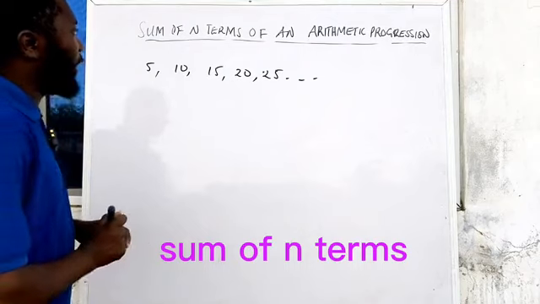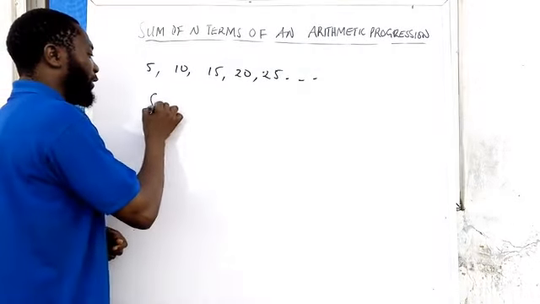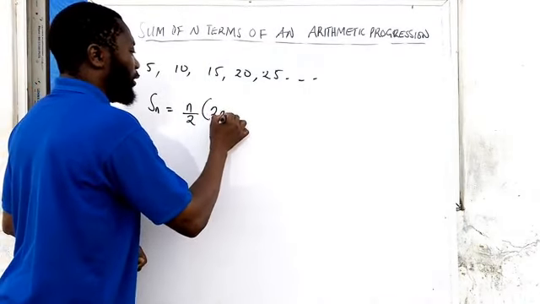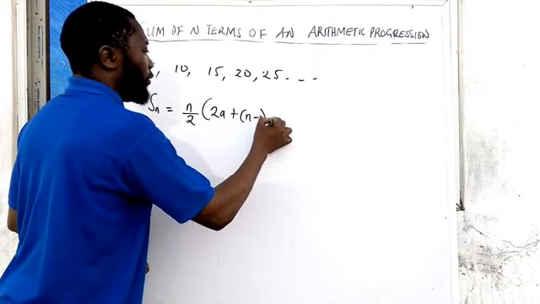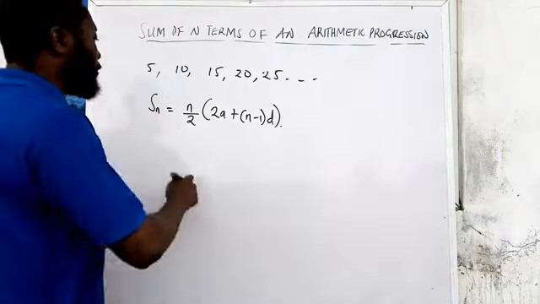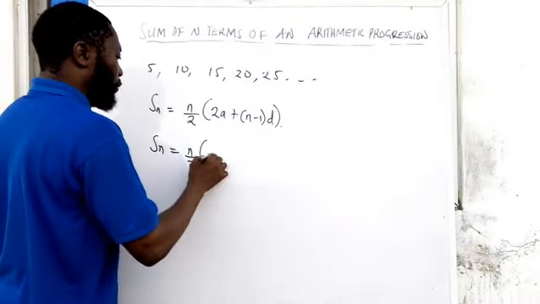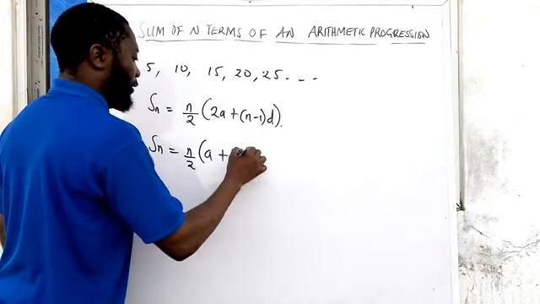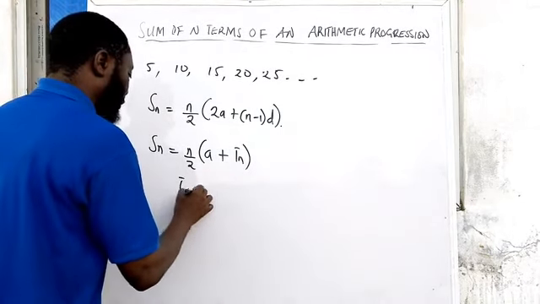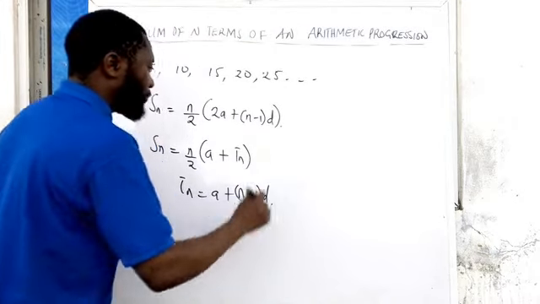Now, the sum of n terms of an AP is given by the formula Sn equals n divided by 2, open bracket 2a plus n minus 1 d. You have it this way, or we can also write it this way: Sn equals n divided by 2, open bracket a plus tn, where tn is known as a plus n minus 1 d.